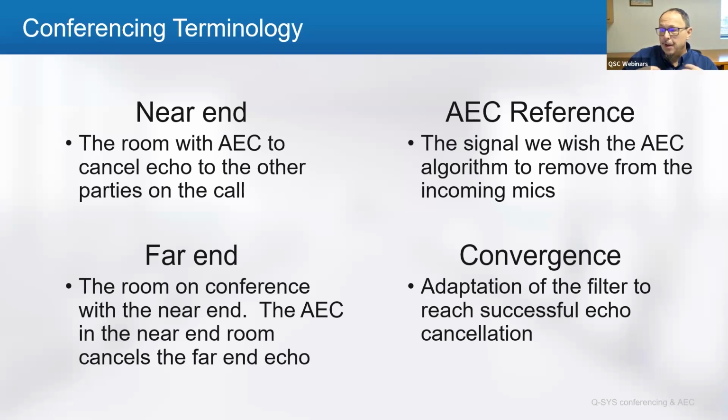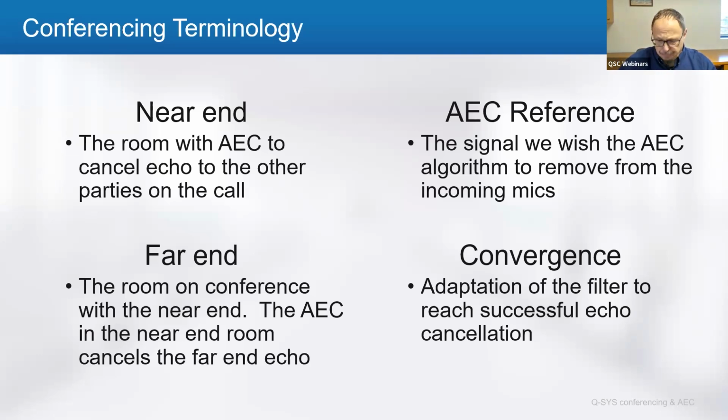But the AEC in the near room cancels all of the echo for the far end as well. The AEC reference, the signal we wish for the AEC algorithm to remove, is on the incoming mic. So that's what the reference is. And then convergence is adaptation of the filter to reach successful echo cancellation, right? So that's what's happening. When we converge the two, we're adapting that filter to effectively cancel the echo.